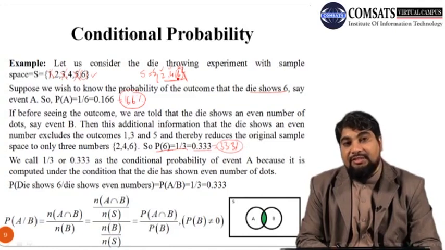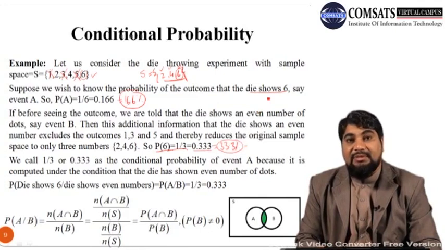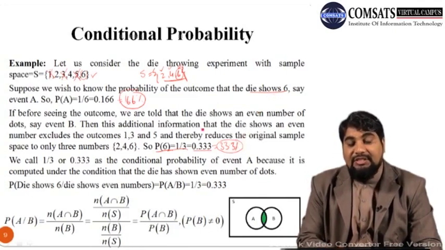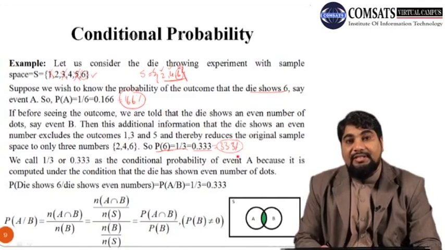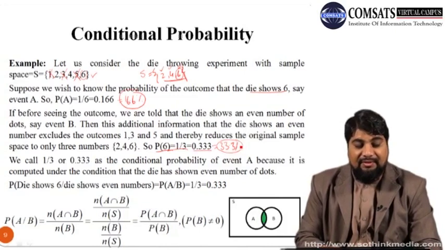So due to this additional information, our guess, our probability about this number 6, increased from 16.6% to 33.3%. So whenever we have certain additional information, our guess improves.